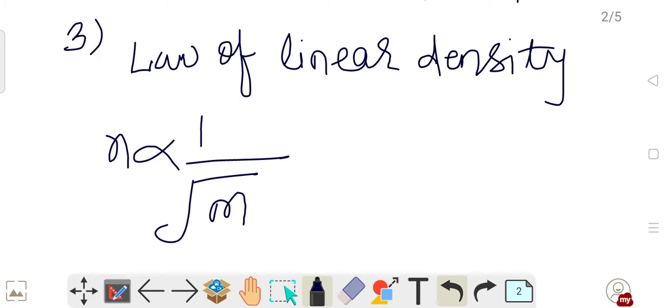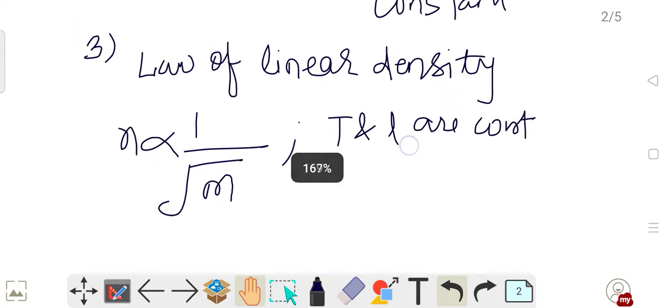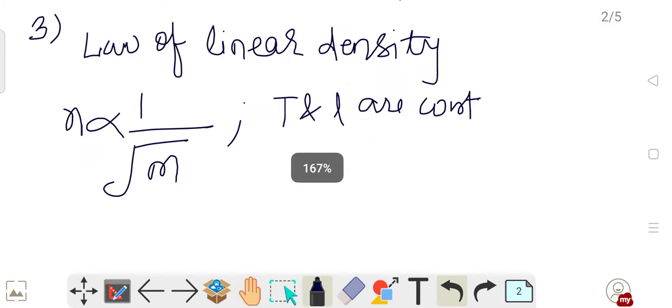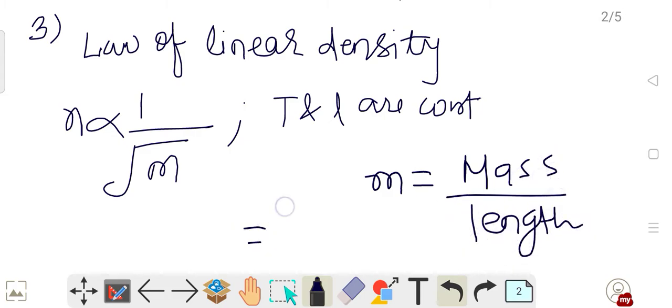In this case T and L are constant. What is this small m? Small m equals mass upon length, and this is called linear density.